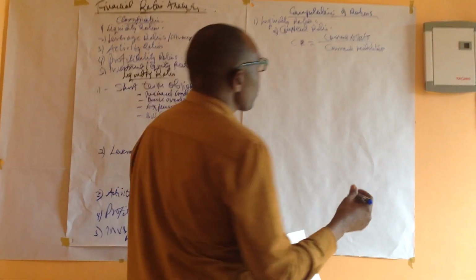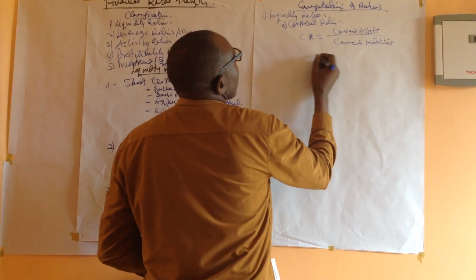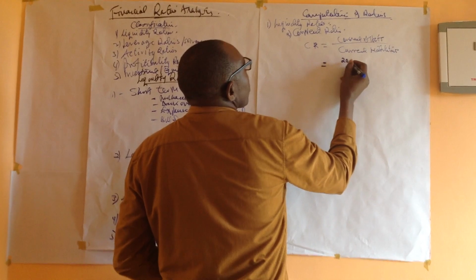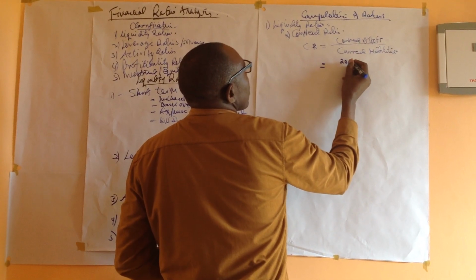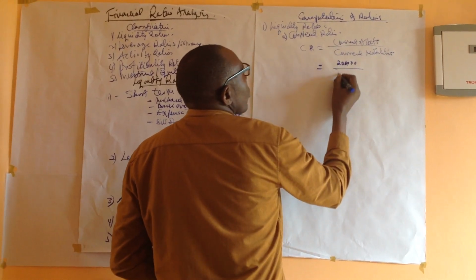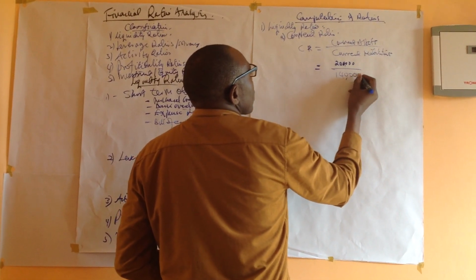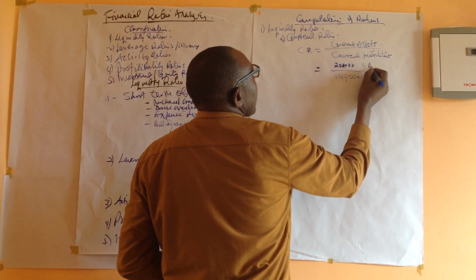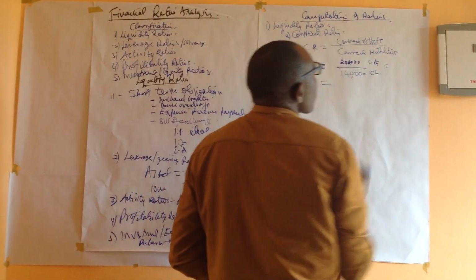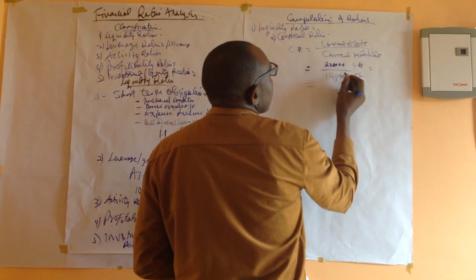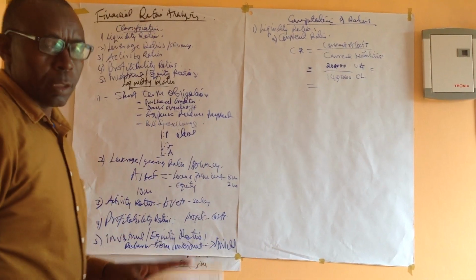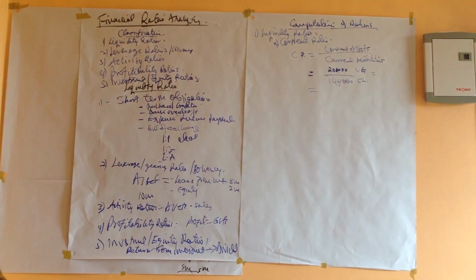So, for example, if we have $200,000 of the assets, and then you have maybe 140,000 of the liabilities. That's the current assets, this is the current liabilities. Then our ratio here will be, we're dividing 20 by 14.